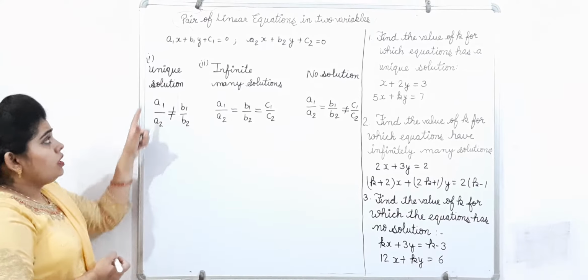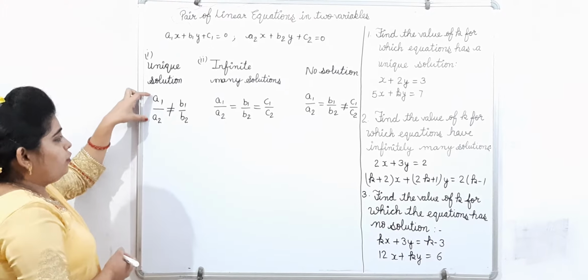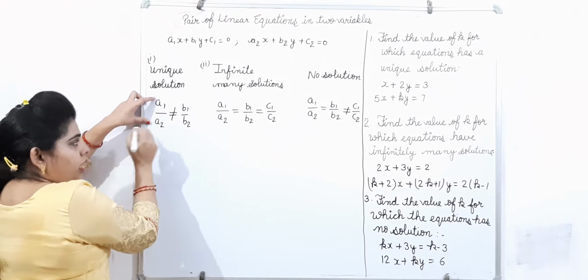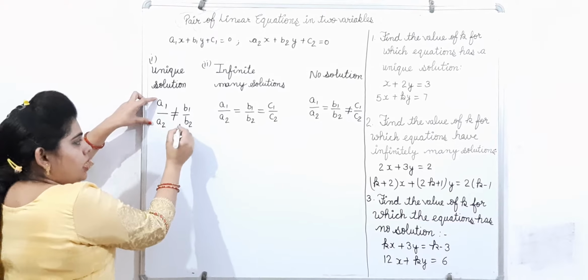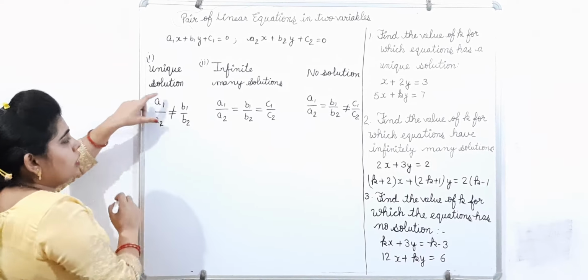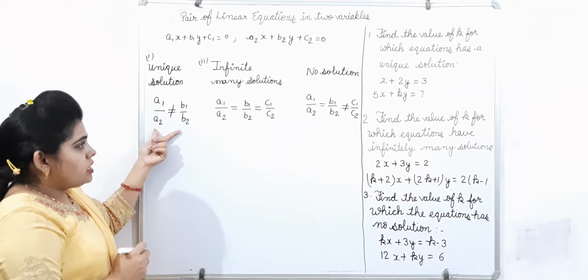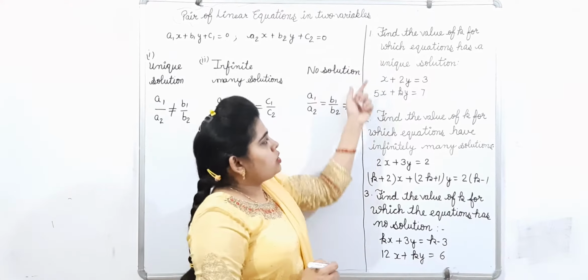So first is unique solution. If the ratio of a1 and a2 is not equal to b1 by b2, then there will be a unique solution. Now on the basis of this result, we have to solve this question.